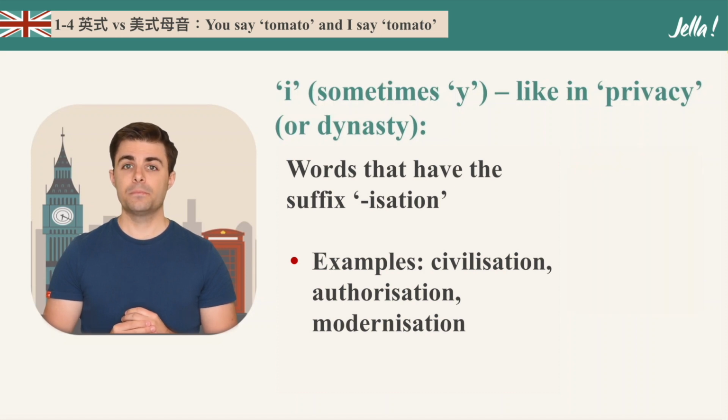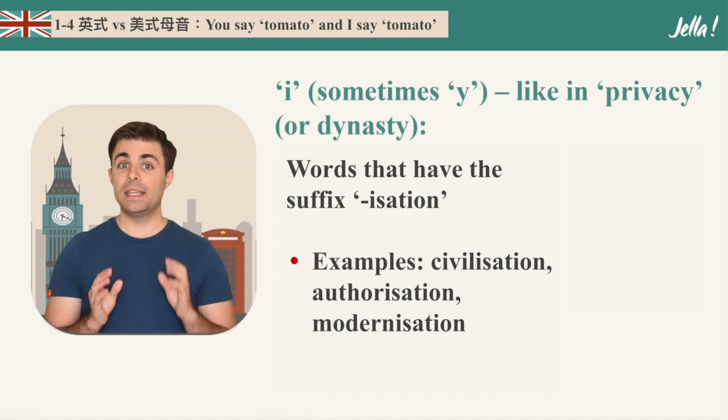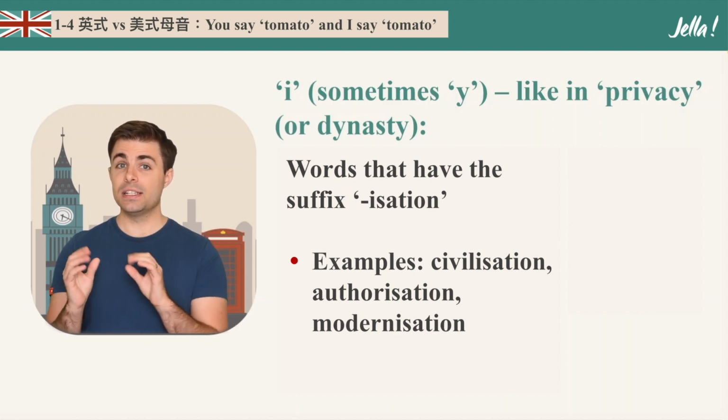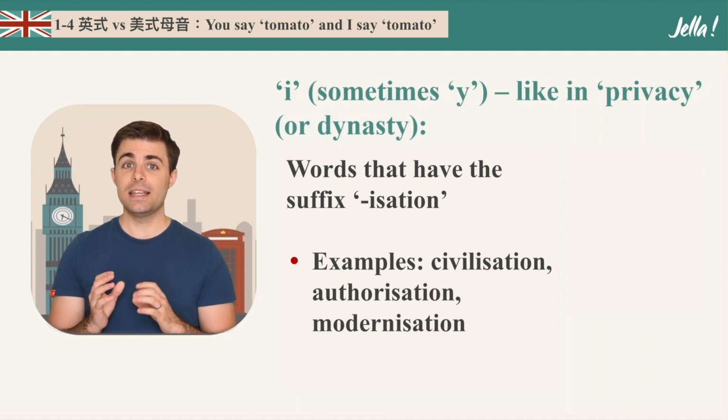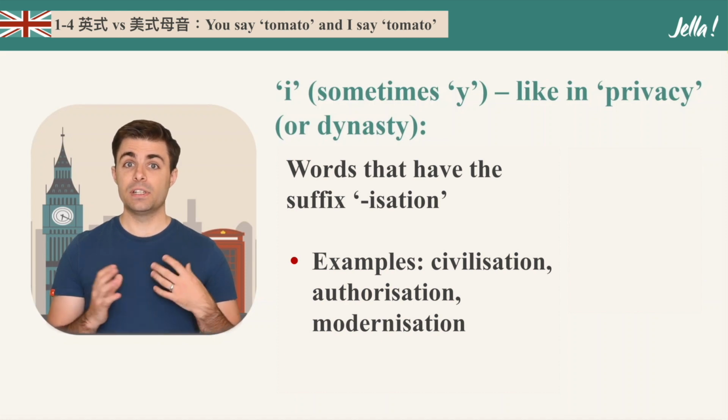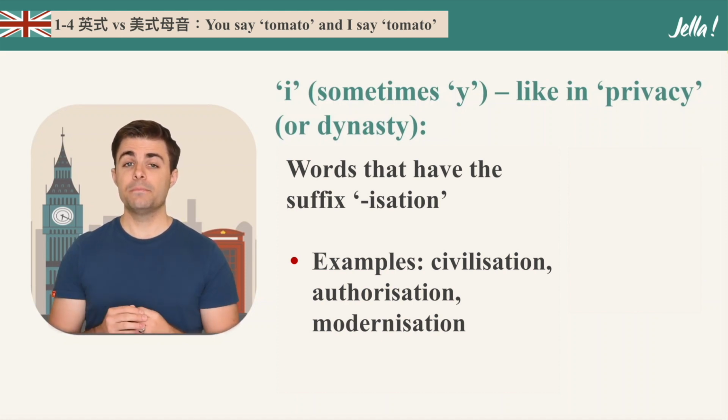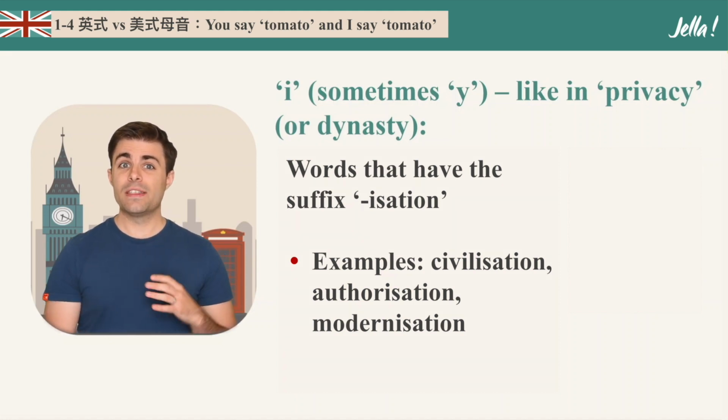Civilization, authorization, modernization. Now, you could probably hear that at the beginning of that suffix, instead of saying ization, I say isation. Civilization, civilisation. It's quite a big difference, but as I said, you don't come across it that often.